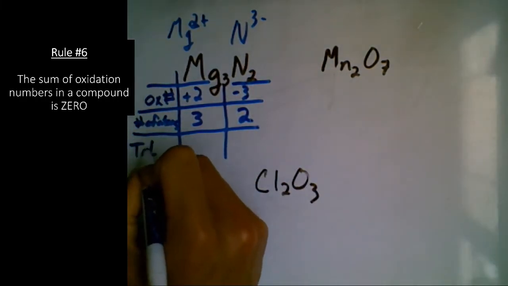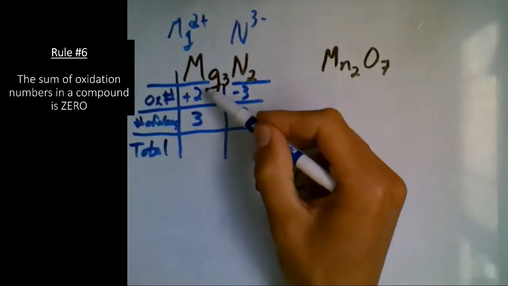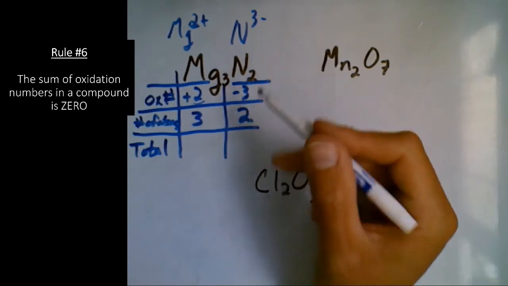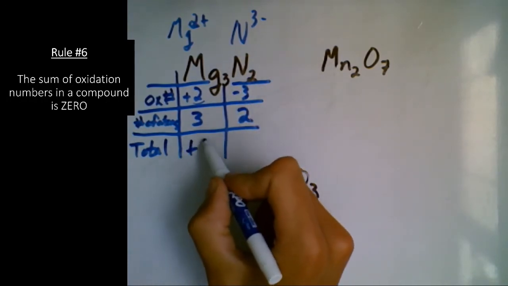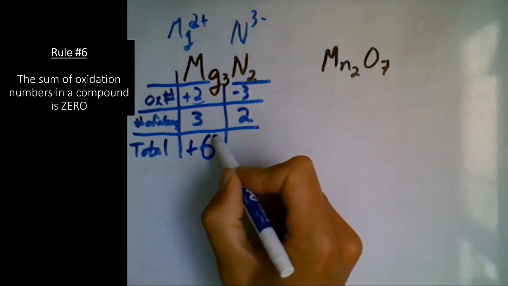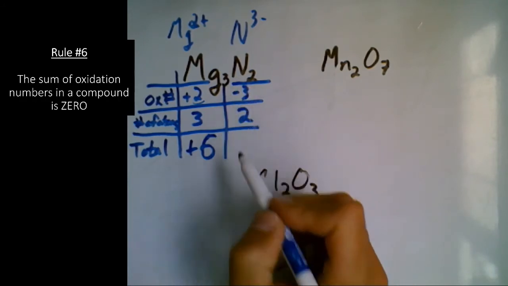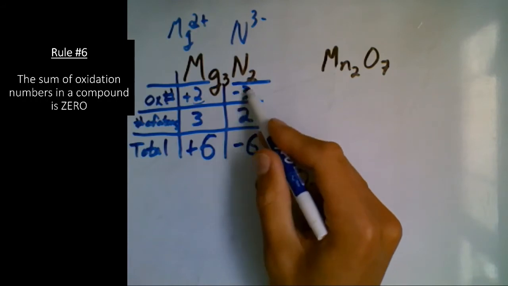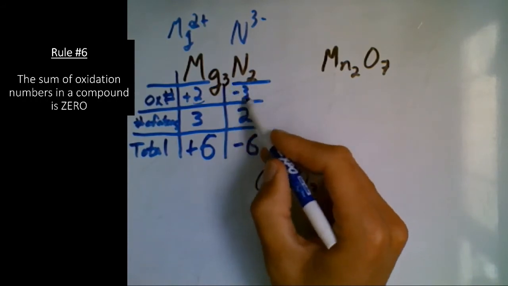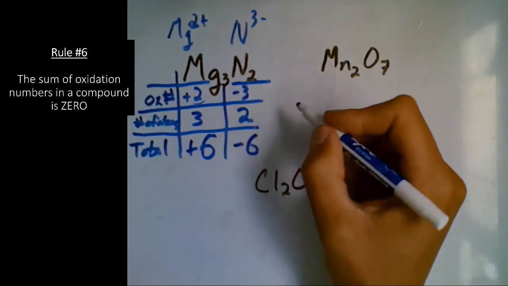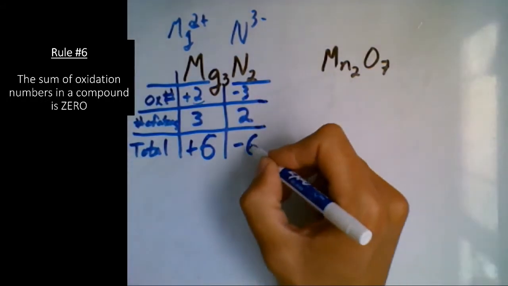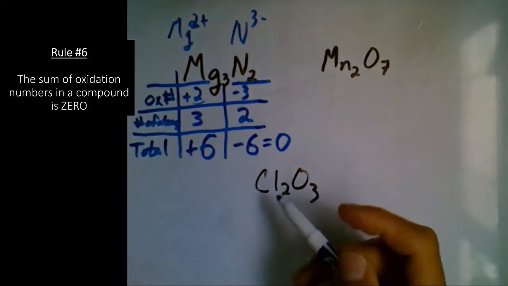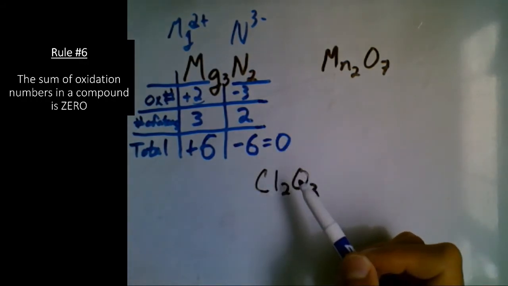And if we look at the total of each oxidation number, 3 atoms, each with an oxidation number of +2, well, it's a total oxidation number of +6 for each positive thing. Same for the nitrogen. It's going to be -6. There are 2 atoms, each with an oxidation number of -3, gives them an oxidation number of -6. Add those all up together, you get an oxidation number of 0.